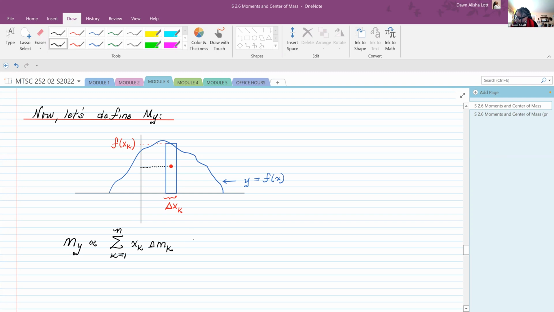We know that that's just going to be the sum, k equals 1 to n, of xk times delta of xk times f at xk times delta xk.